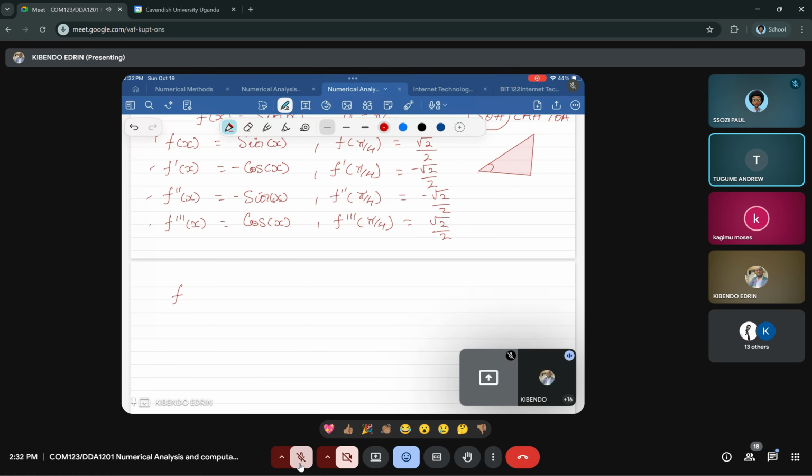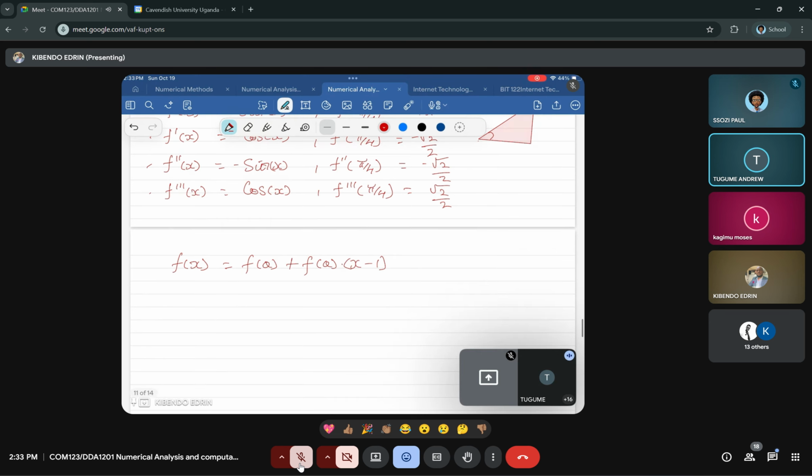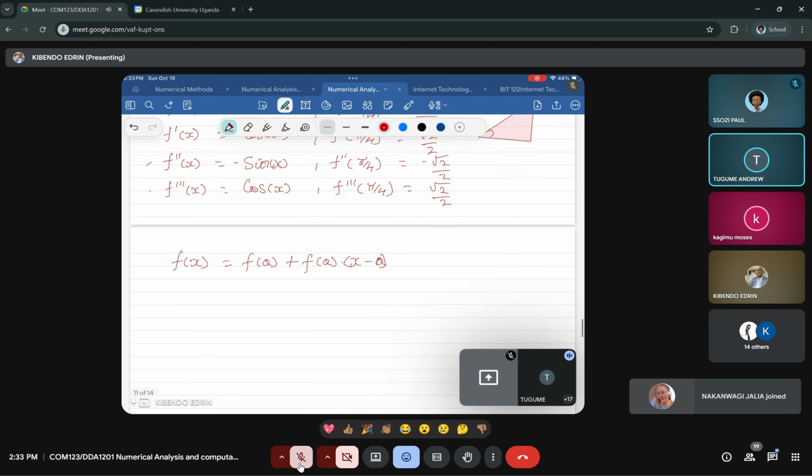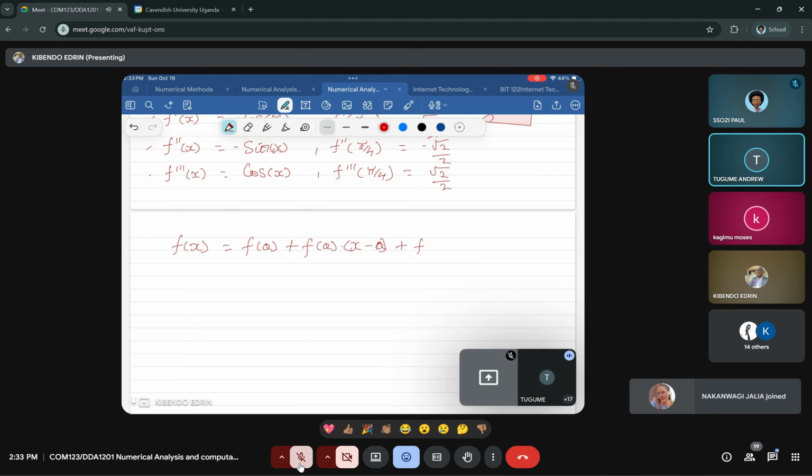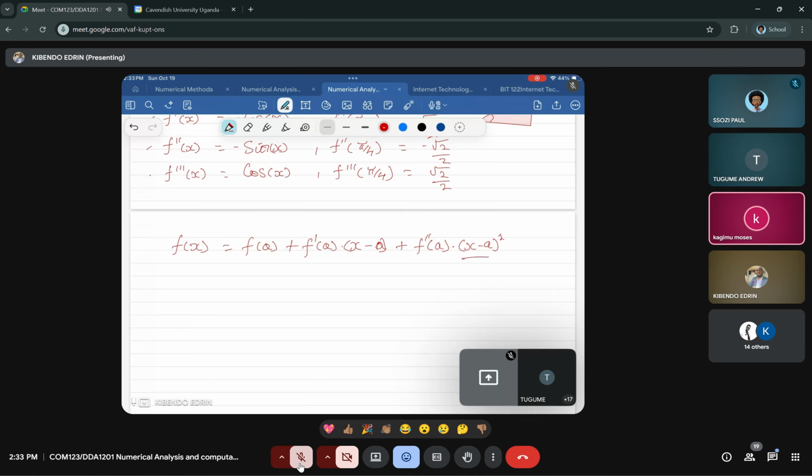Then we write f of x is equal to f of a plus f prime of a into x minus a, plus f double prime of a into x minus a squared over 2 factorial.